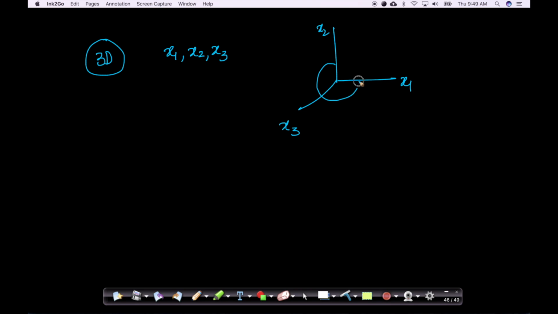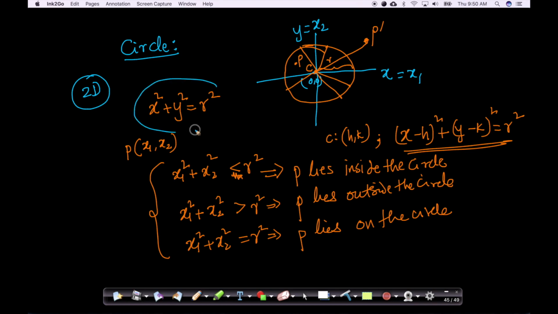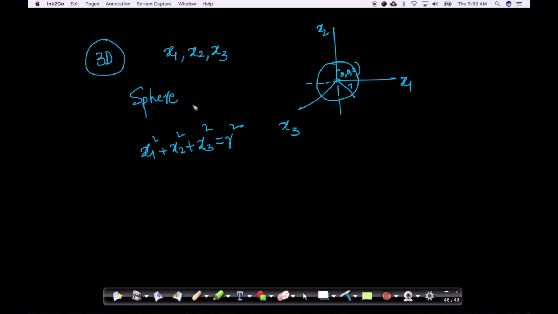The equivalent of a circle in 3D is a sphere, like a ball, centered around your origin 0, 0, 0. If your sphere has a radius r, the equation of such a sphere is x1 square plus x2 square plus x3 square equals r square. This looks very similar to your equation of a circle in 2D. So the extension of the concept of a circle is a sphere, and this is how it looks.